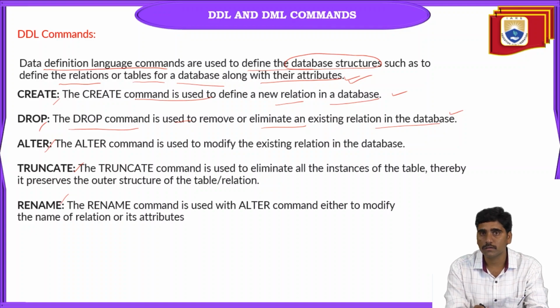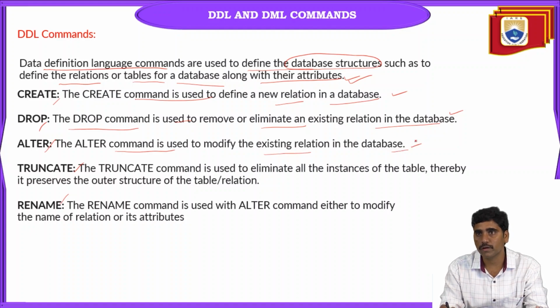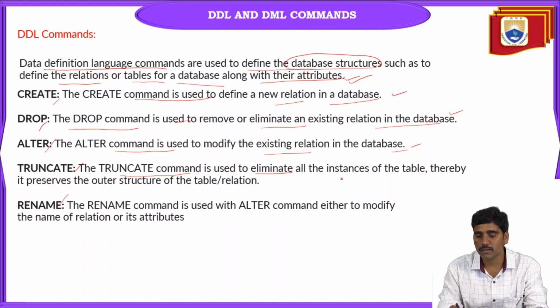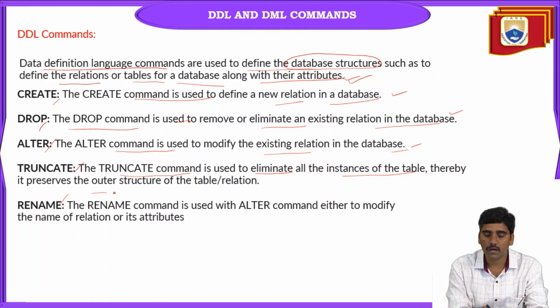The alter command is used to modify an existing relation in the database. And the truncate command is used to eliminate all the instances of the table, thereby it preserves the outer structure of a table or relation.